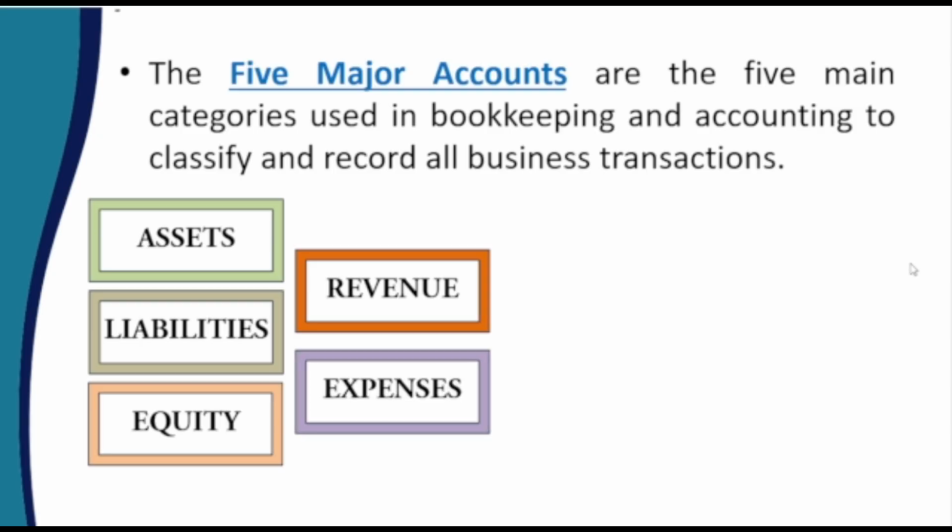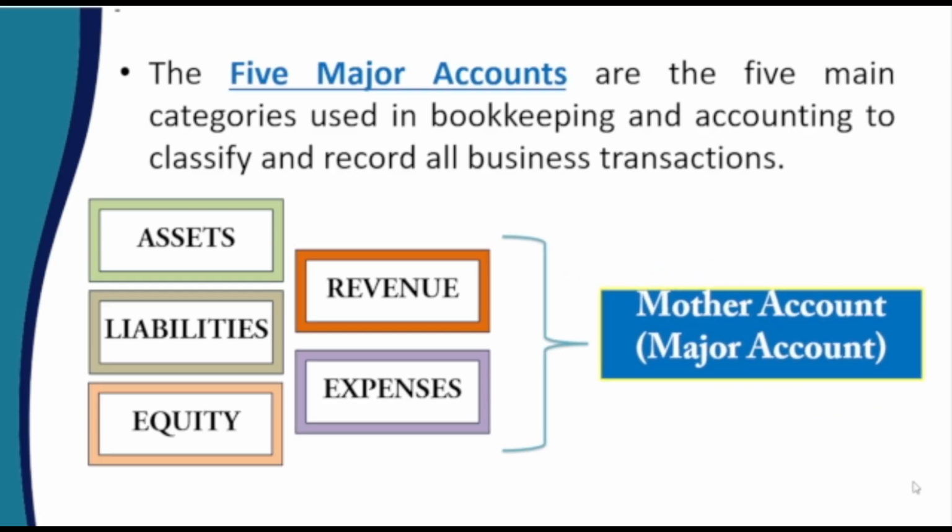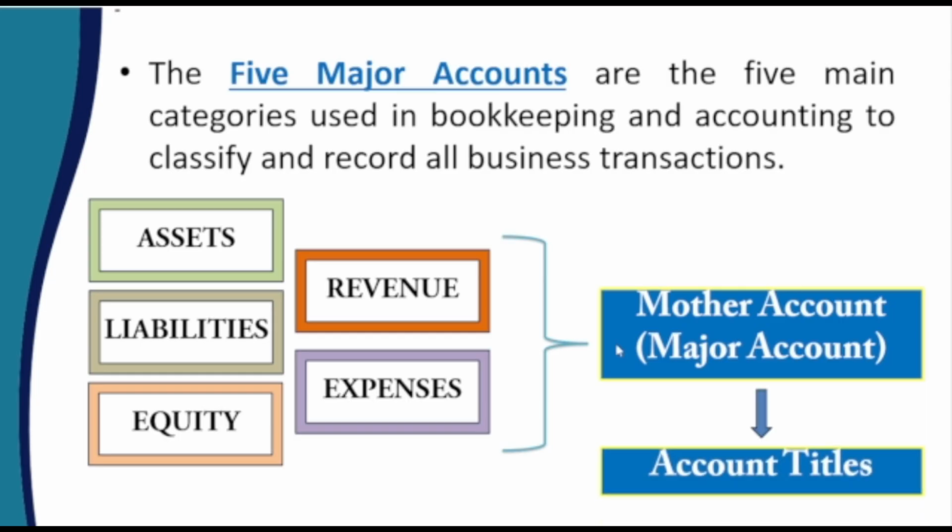Anything that you earn is revenue. Expenses are the costs incurred to operate and manage your business, including salary expense and bills expense. Those are some examples of expenses. Similarly, the 5 major accounts are called mother accounts, and each major account has specific account titles.